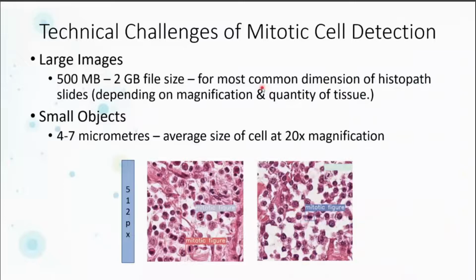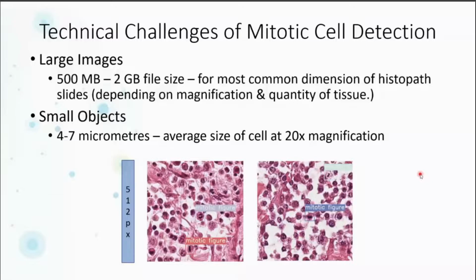So some of the technical challenges for mitotic cell detection. I've highlighted this: large images. Again, in the most common format of whole slide images, 500 megabytes to 2 gigabytes. And then very small objects. That's been a theme, and I think we still have a special project in progress for small object detection.